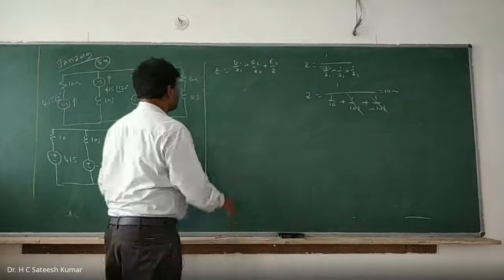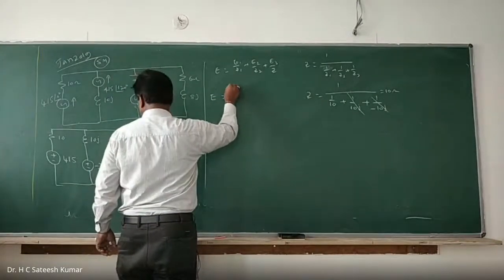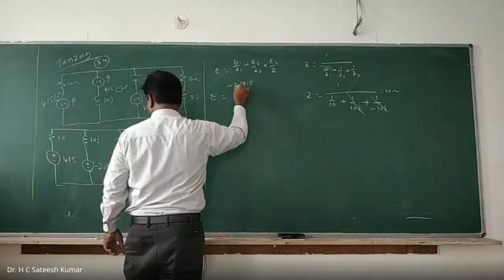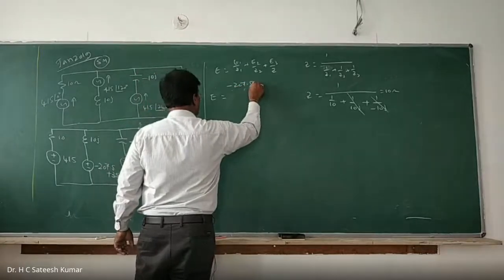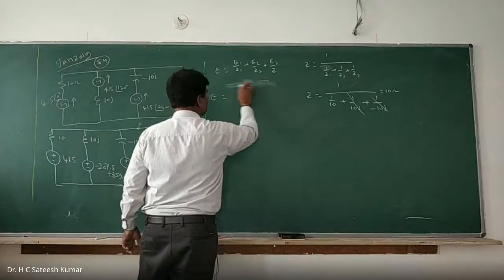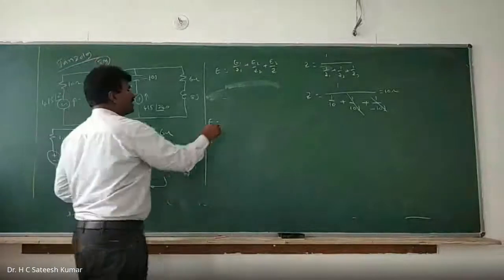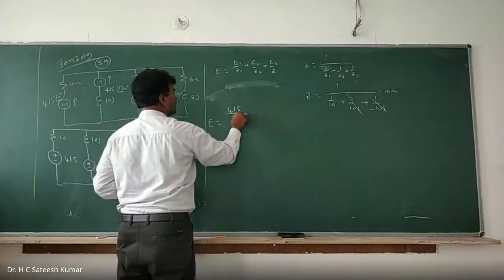Okay, right. So here also we can easily simplify it. E1 is equal to what? E is equal to 415 divided by 10, don't simplify it.